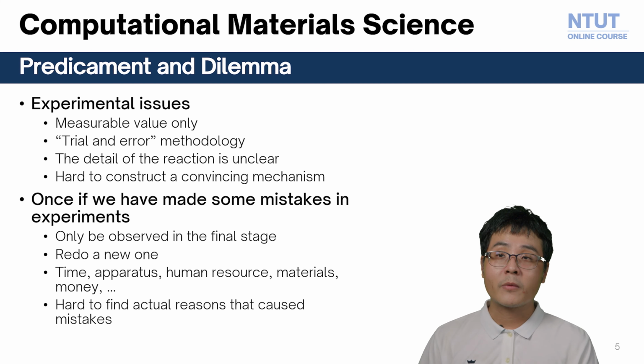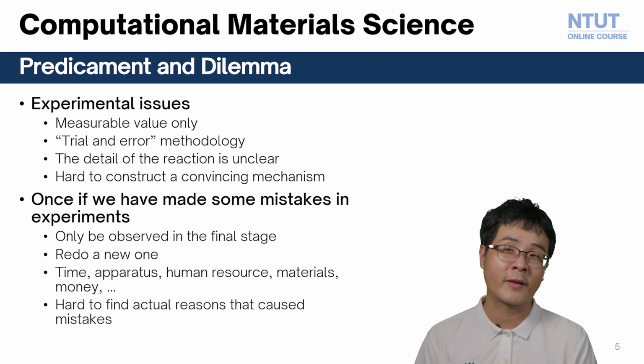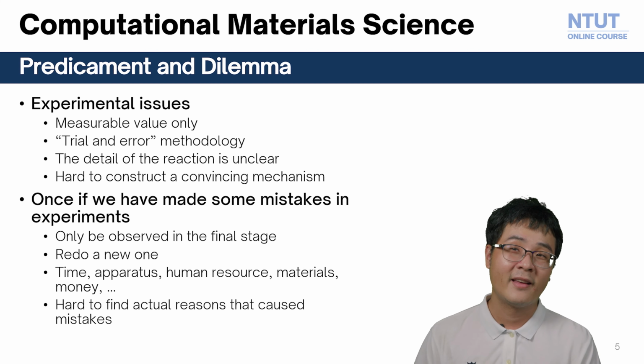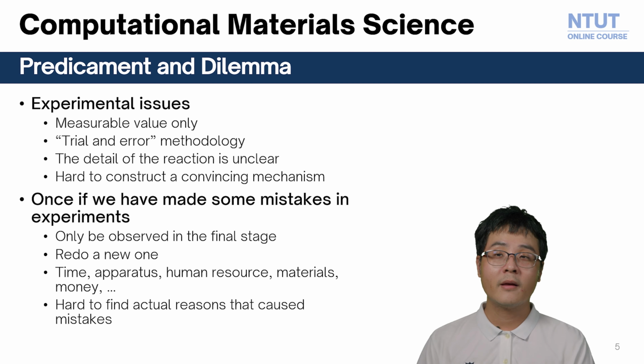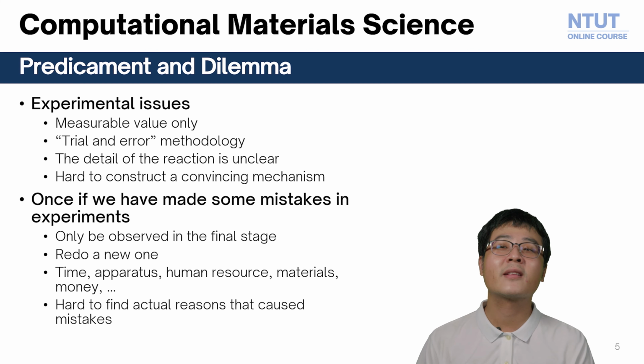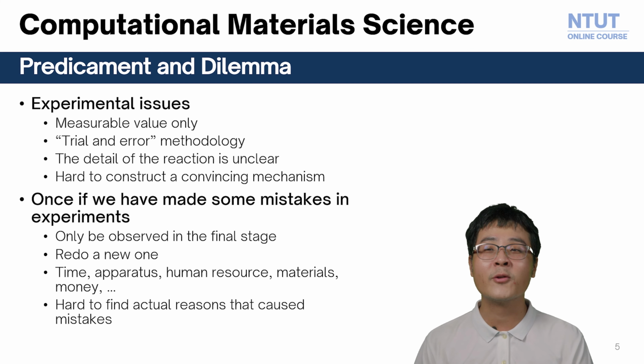For this reason, it is hard to construct a convincing mechanism because we didn't know any detail about the reaction. Once we have made some mistake in the experiment, unfortunately, we can only observe the poor result in the final stage, and then we have to redo a new one.